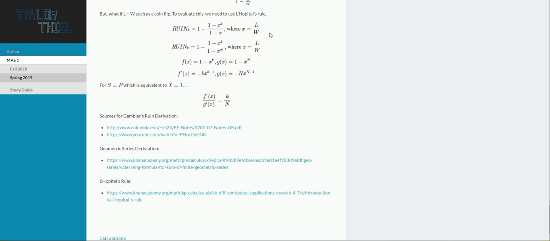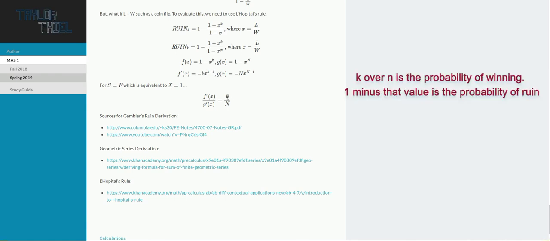So given a bunch of conditions, we're able to use it, and so we're just taking the derivative of the numerator and denominator separately, and that ratio is k over n. So using L'Hopital's rule, you can say that their original function's f over g is also k over n. So as the limit approaches loss over w equaling 1, you approach this final solution.